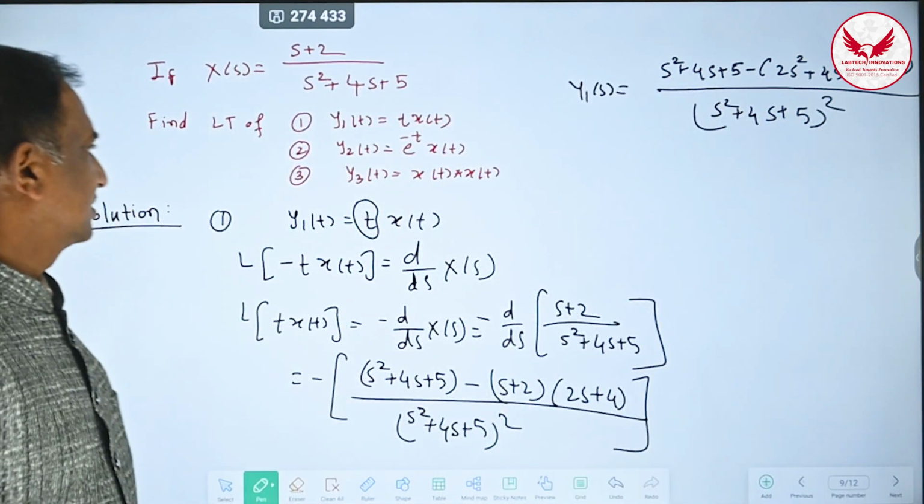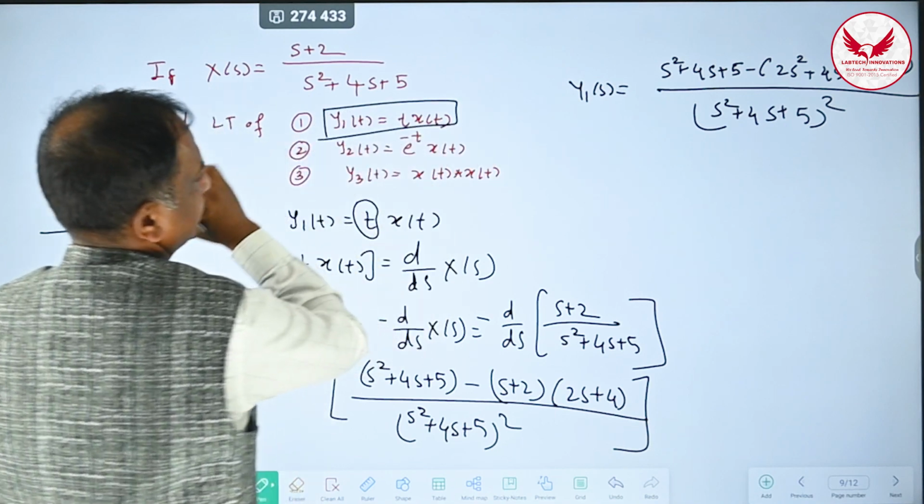So accordingly you can simplify and you will get the Laplace transform of this particular problem.